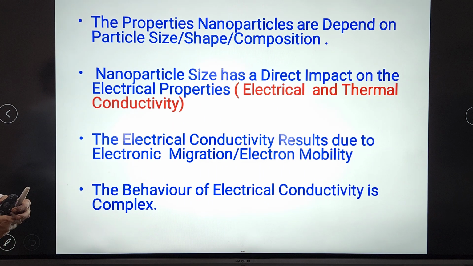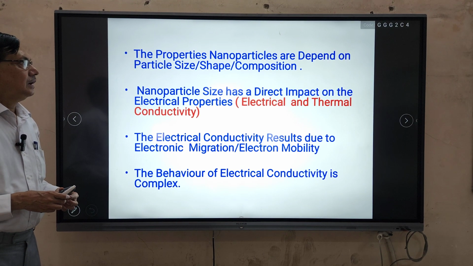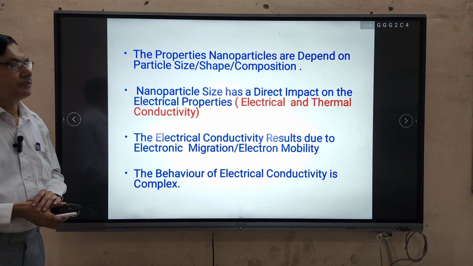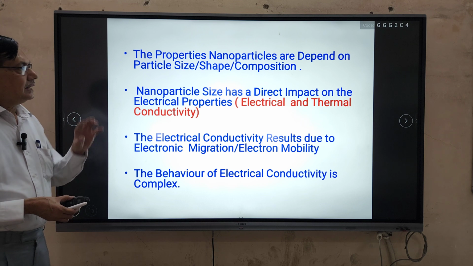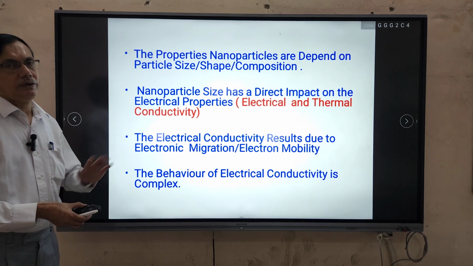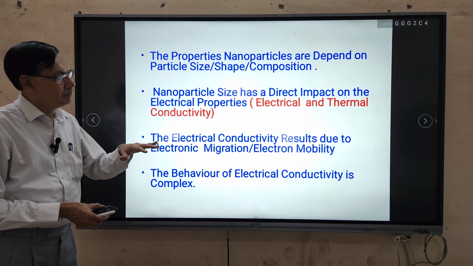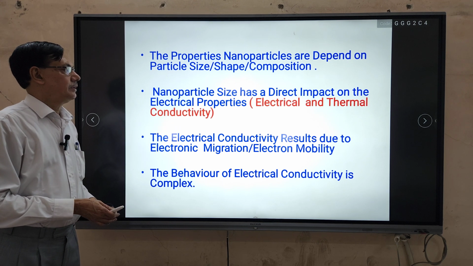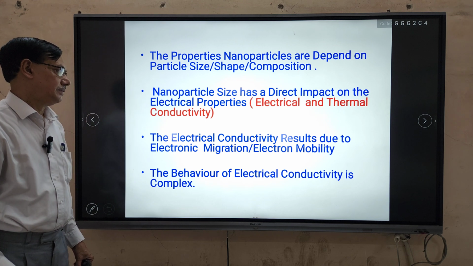So the first point is that the properties of the nanoparticles depend on the particle size, shape and composition. And size has a direct impact on the electrical properties. And here, as I have already discussed in my initial discussion, I will concentrate only on electrical and thermal conductivity.